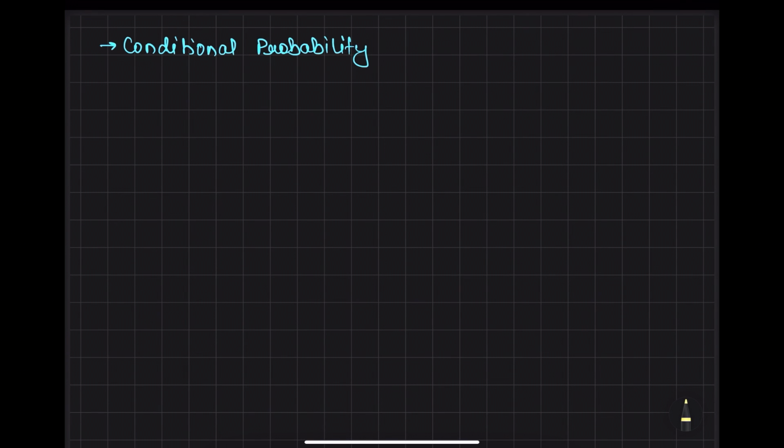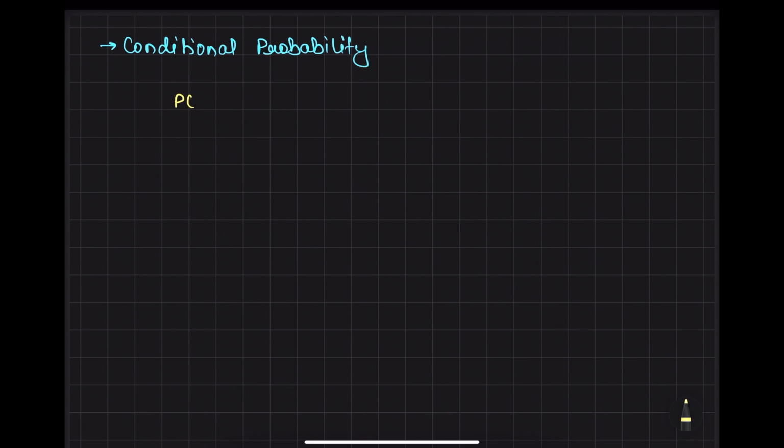Because of this condition the sample space size becomes smaller, and now you have to find the probability. So this is the condition. Because of the condition the sample size gets reduced. Now look at how I will ask you questions.